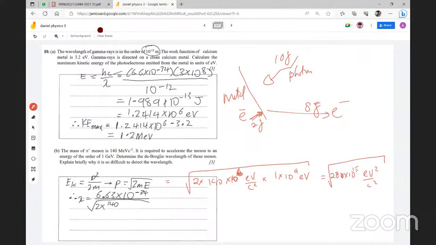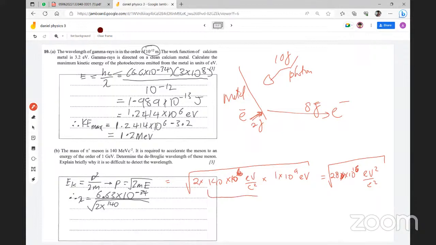Easy to use in terms of units, right? So this will be 16. Am I miscalculating? Did I leave out something? Did I account for everything? Am I making 2 times m times KE?